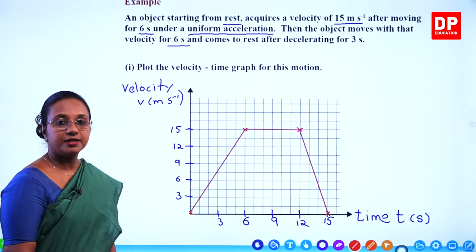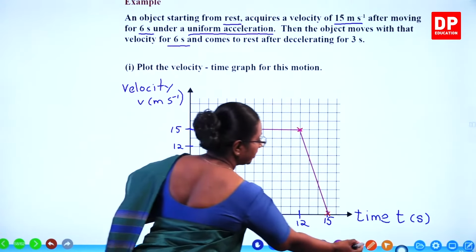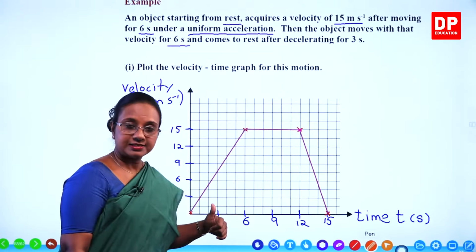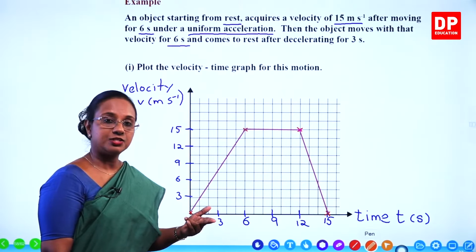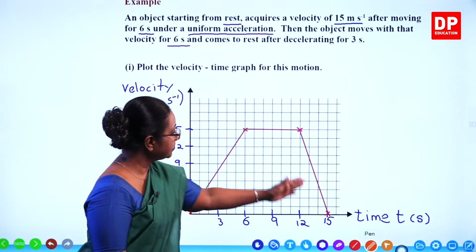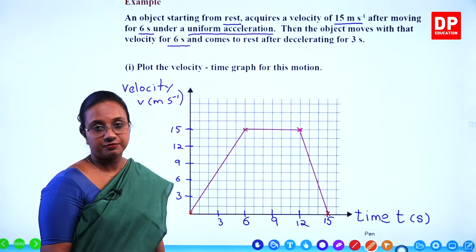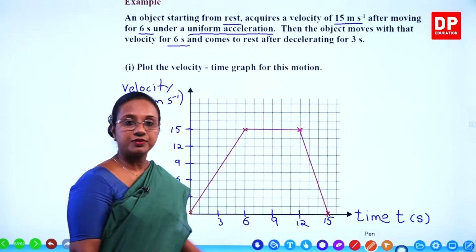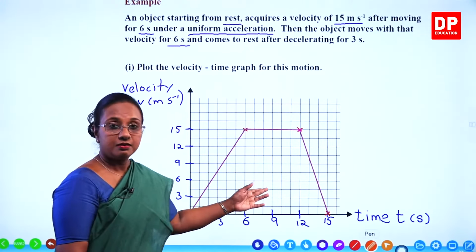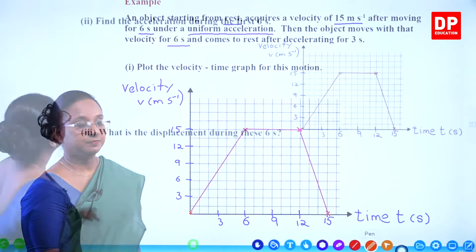This is called a trapezium. So since the object undergoes acceleration, uniform velocity and deceleration, we get a trapezium as the velocity time graph. Now we will look at the different types of calculations related to this graph and answer the questions.